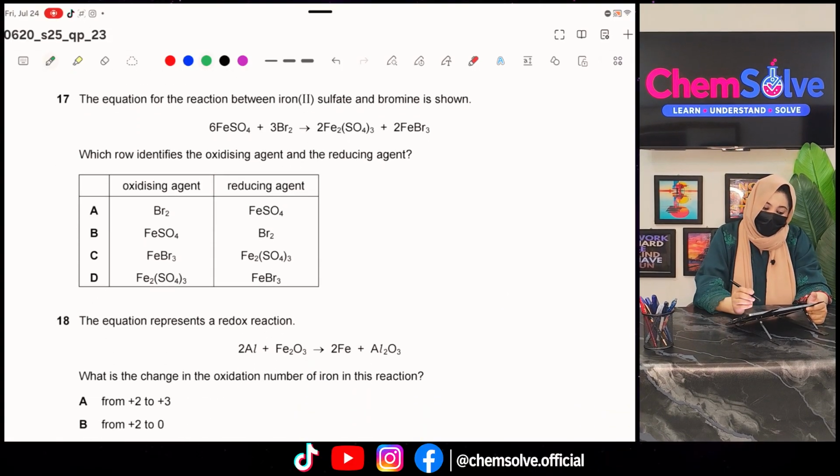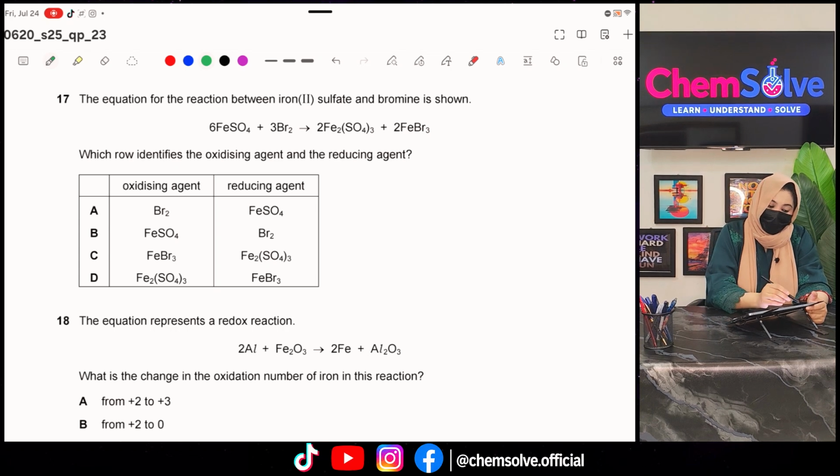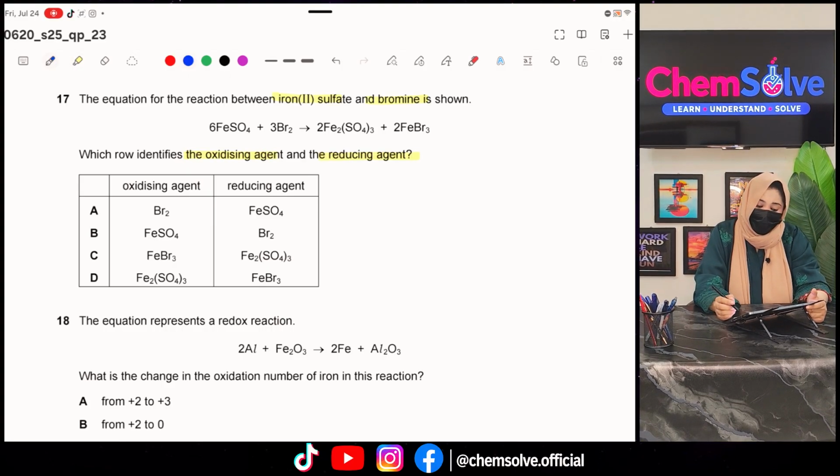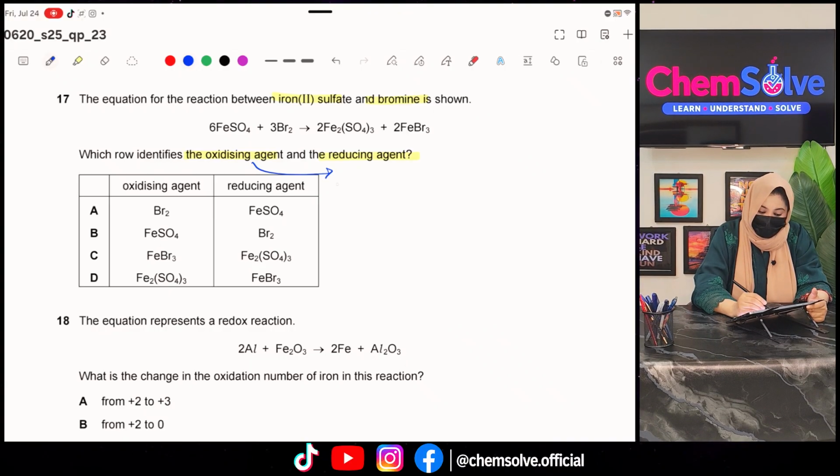So question number 17. The equation for the reaction between iron 3 sulfate and bromine is shown like this. Identify the oxidizing agent and the reducing agent. Okay. So always remember, oxidizing agents reduce themselves.